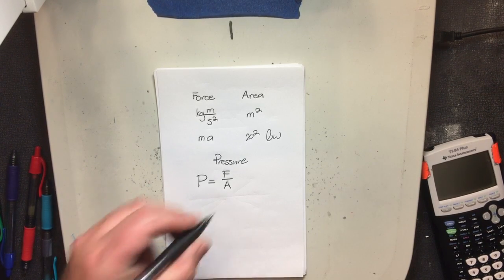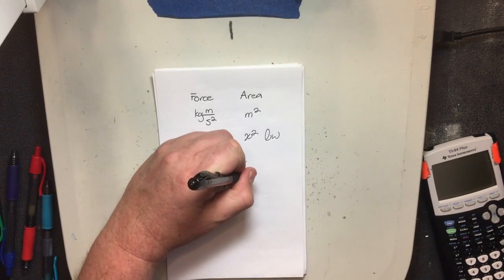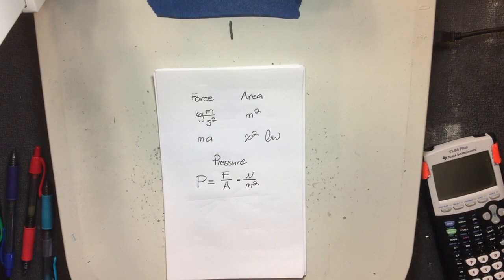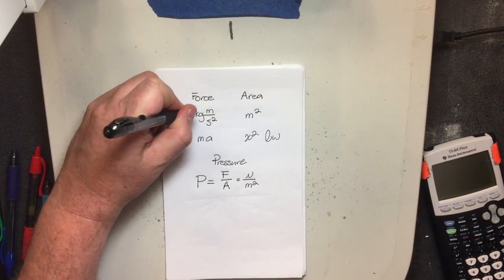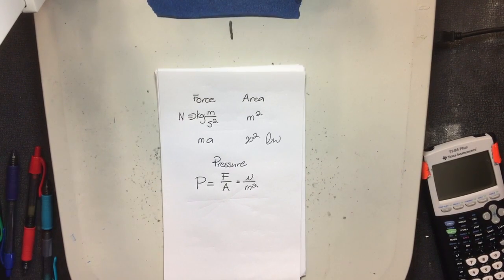And if we put this together, we get newtons per square meter. Newtons per square meter is the common units for pressure.